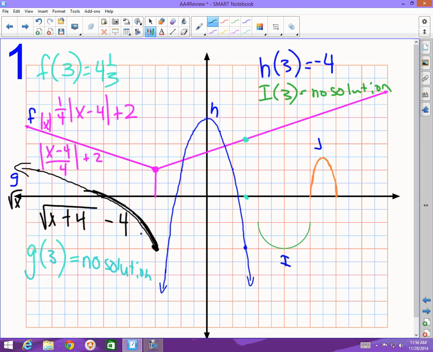This is going over 1 and up 2, so it's got to be a 2 out in front of the whole thing to stretch it. And then it is also flipped over the y-axis, so there has to be a negative sign inside to impact the x part of it. So there's a negative, and then x plus 4, like so. Now we have the correct equation.